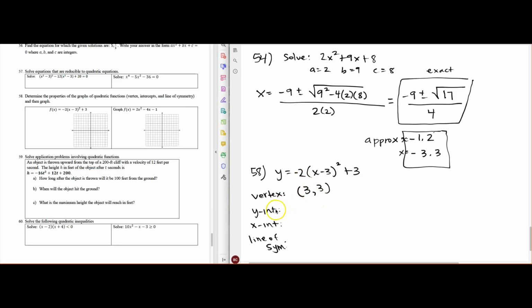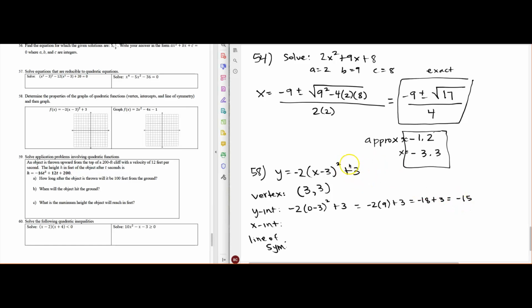Because remember, to find the y-intercept, we let x equals 0. So I'd have negative 2 times 0 minus 3 squared plus 3. Well, 0 minus 3 is negative 3. Squared is 9, so I really get negative 2 times 9 plus 3, which is negative 18 plus 3. So negative 15 is going to be my y-intercept.